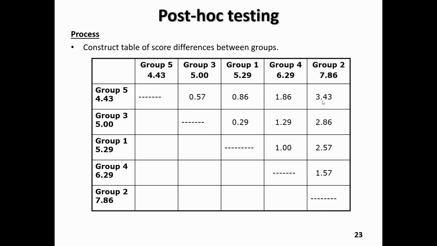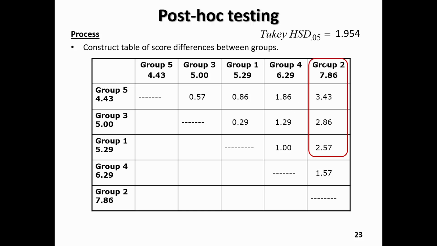And what we're looking for are values and compare those values to our Tukey critical value that we had calculated on slide 22. So using our critical value of 1.954, we're going to go through and look for the differences between these pairs of groups that are at least this large.